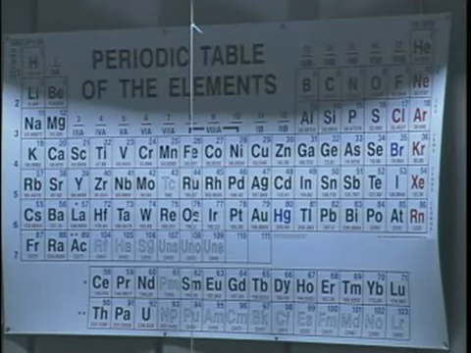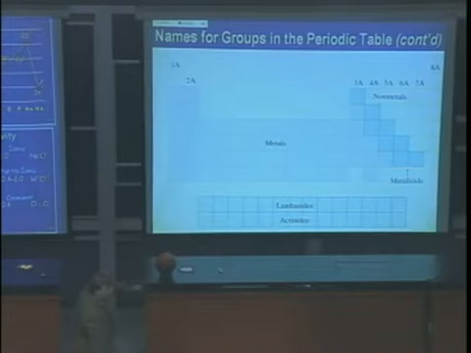They have similar chemical behavior. If they have the same outermost electronic configuration, we call this a group. They are in the same group here. This is group 1, group 2, and so on till you get to group 18.